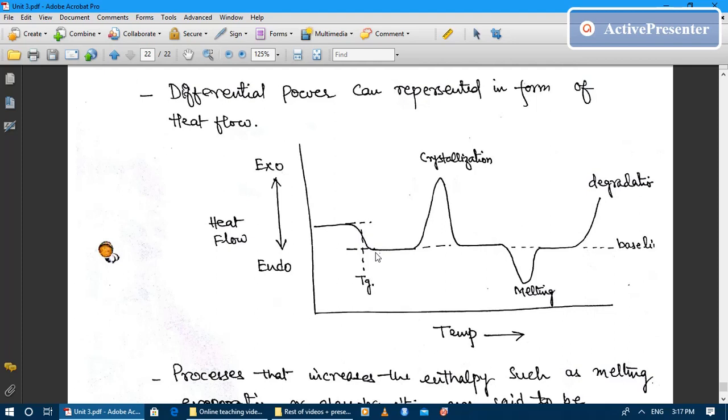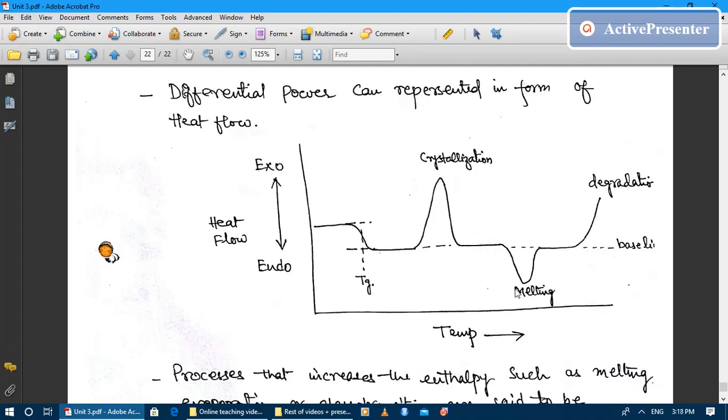Then upon further heating the polymer, you will again observe a large peak, and this peak again represents an endothermic event. This time it is the melting, where the polymer chains absorb a lot of energy to become mobile inside the polymer matrix.